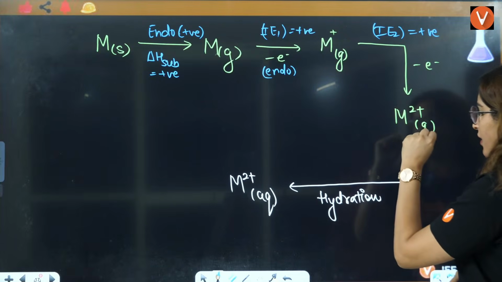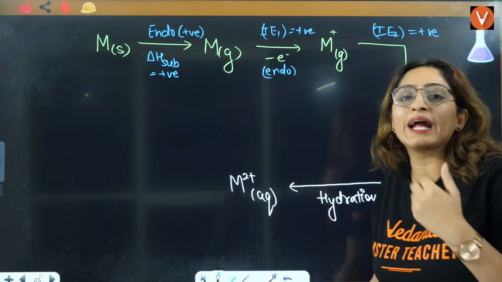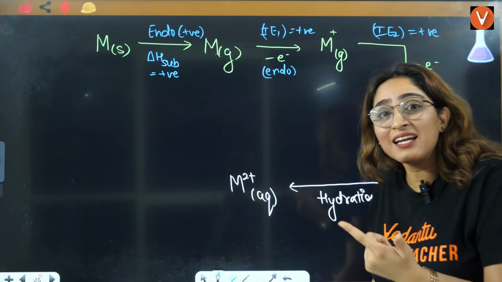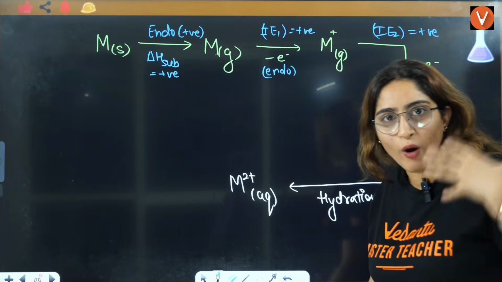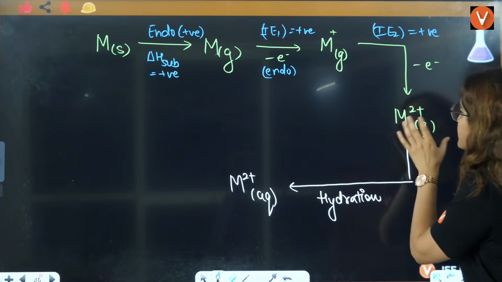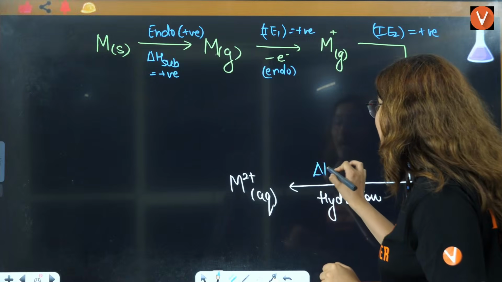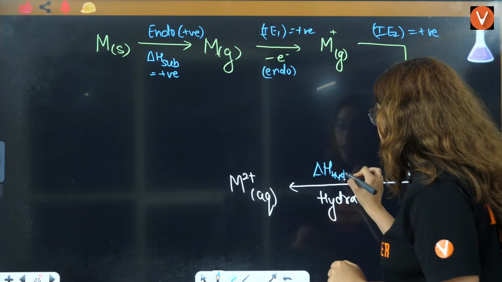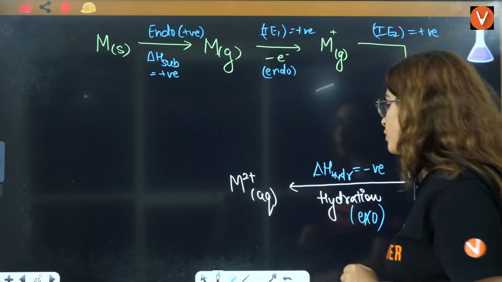Now, when you do hydration, these ions get very happy, like when you drink water your body gets very happy. When you provide water to this gaseous ion, it gets very happy, and hydration enthalpy is always released. This is an exothermic process.